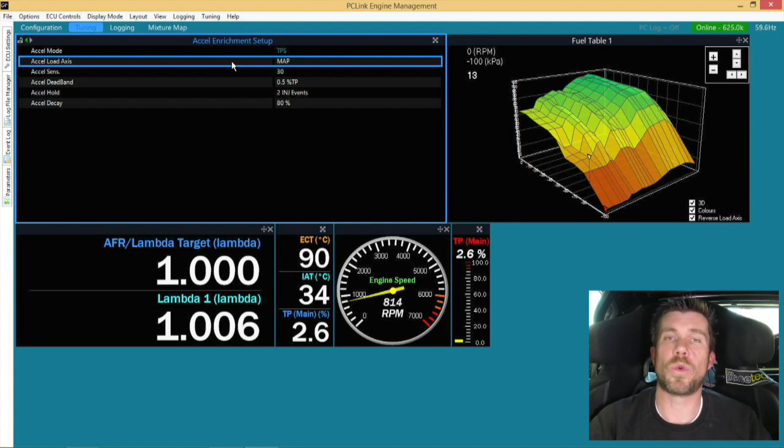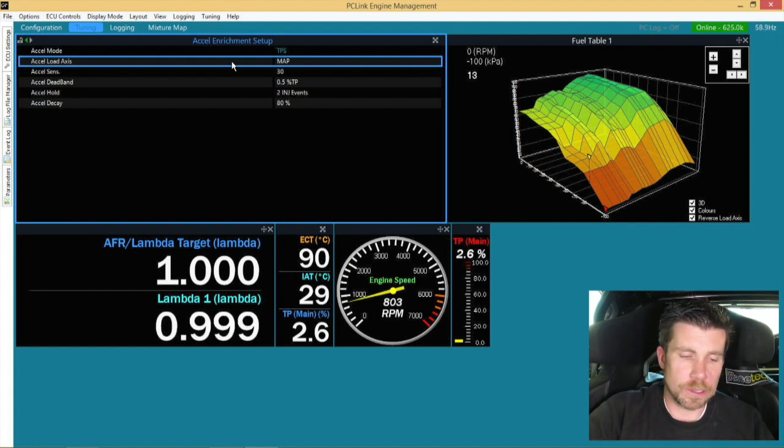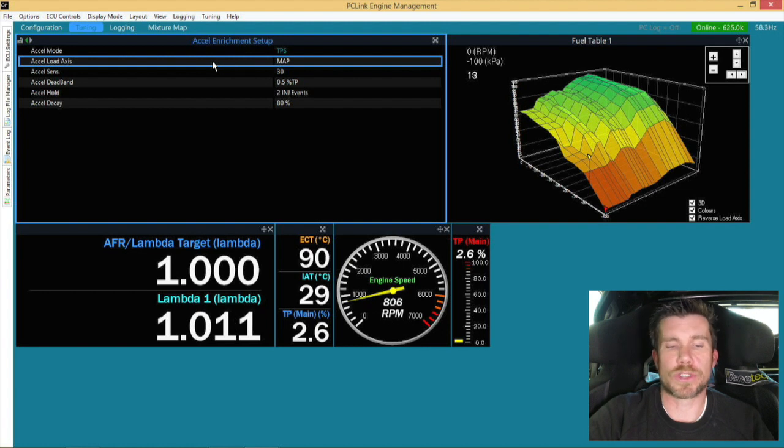If, however, we are already driving with the throttle down reasonably hard and we maybe have a 70 or 80 kPa manifold pressure, and then we stab the throttle the rest of the way, we don't need as much acceleration enrichment because we aren't moving through such a wide range of manifold pressure. So this load axis allows us to control that.